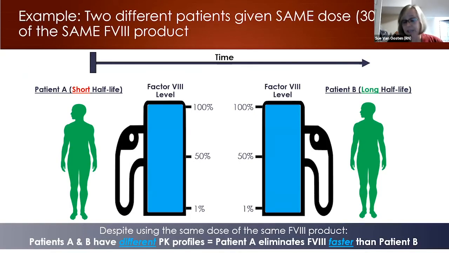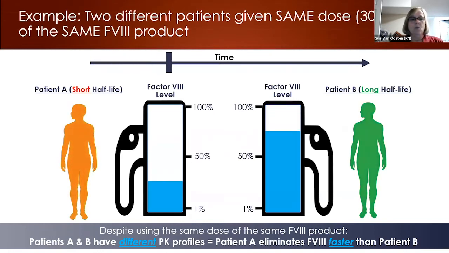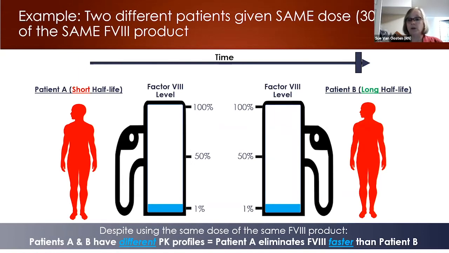So I love this slide. I think it's well done. We look at this and we see two patients, and they both give an infusion of 30 international units per kilo of the same factor VIII product. So they're filling up their gas tank. But then as time goes on, one patient has a short half-life and uses up that factor VIII product in a short period of time, while the other takes a longer time period.